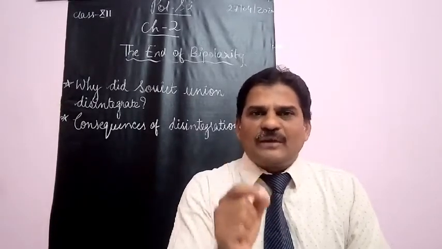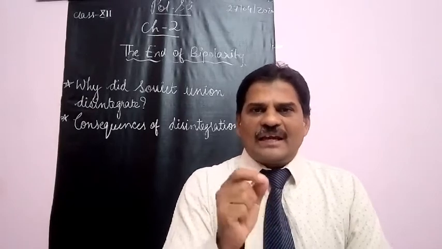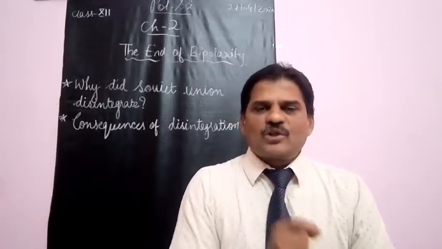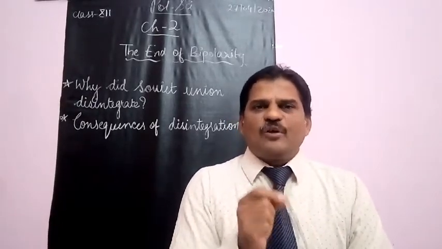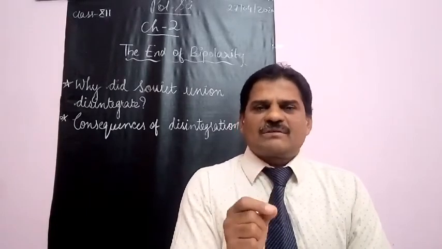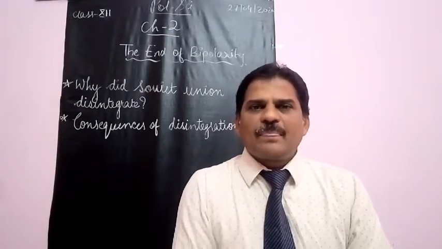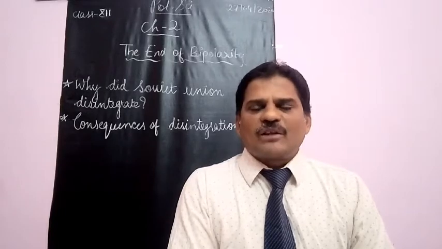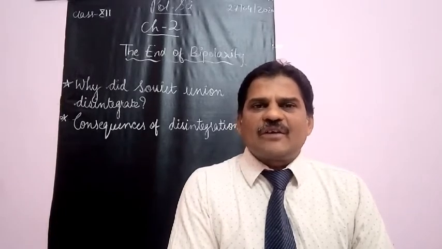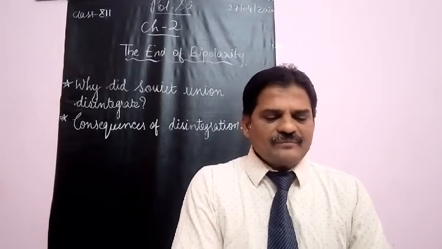The weak political and economic institutions in the Soviet system were unable to fulfill the aspirations demanded by the people, hence it became one of the causes for the disintegration of the Soviet system.